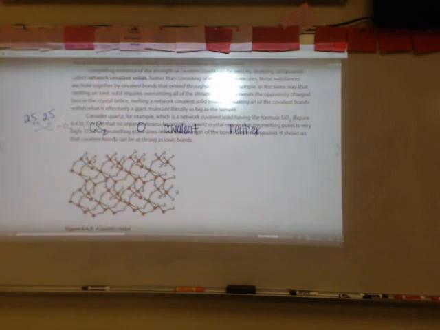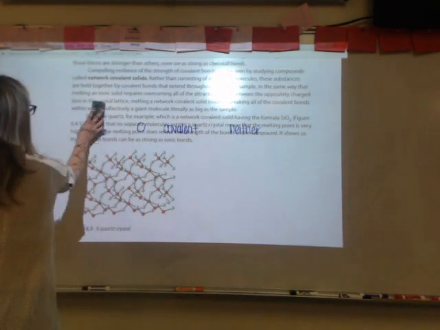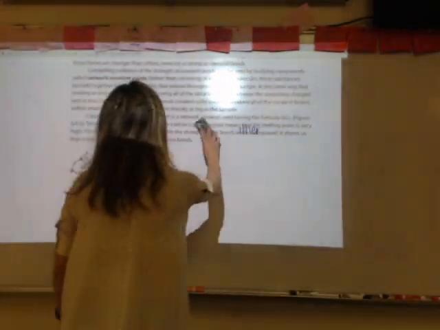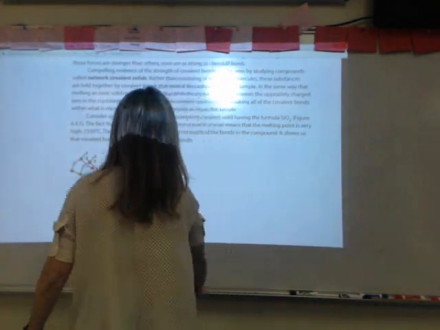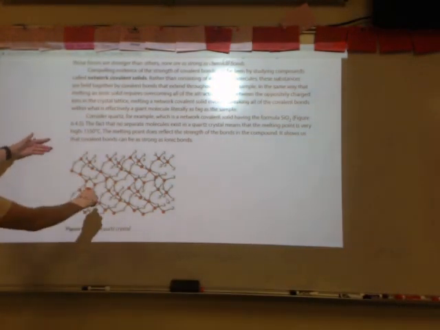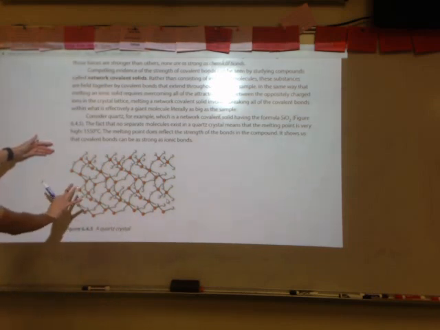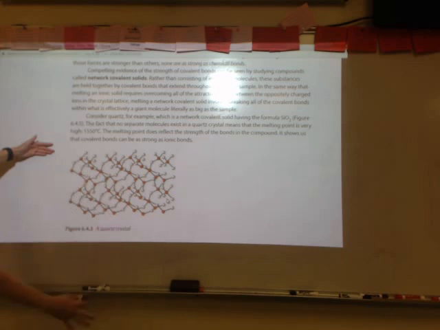This is a quartz crystal, and it has something called network covalent bonds. And when we study compounds that have network covalent bonds, we actually see that the individual molecules in a quartz crystal are held together by covalent bonds that extend throughout the entire sample. This is nearly identical to how ionic solids have all of those attractive forces between cations and anions.